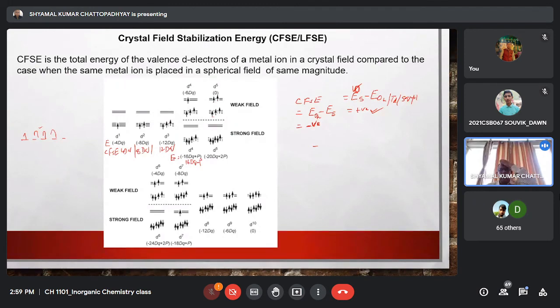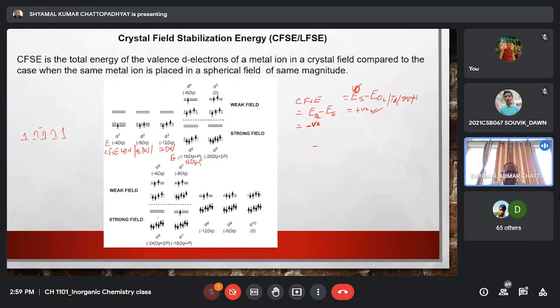So minus 12 Dq plus 12 Dq cancel out, and so the energy of the system as well as the CFSE is 0. On the other hand, in the t2g5 case, we have 5 times minus 4, that is minus 20 Dq, and for a d5 system in a spherical field, you have 5 unpaired electrons. Now you have 2 paired, so you have to add 2 pairing energies, plus 2P.